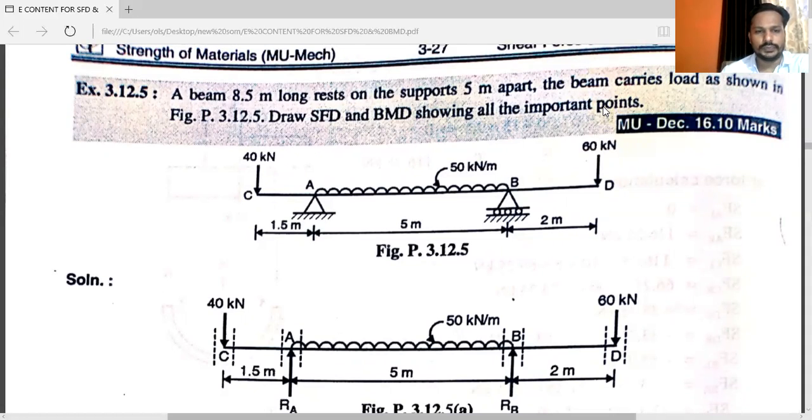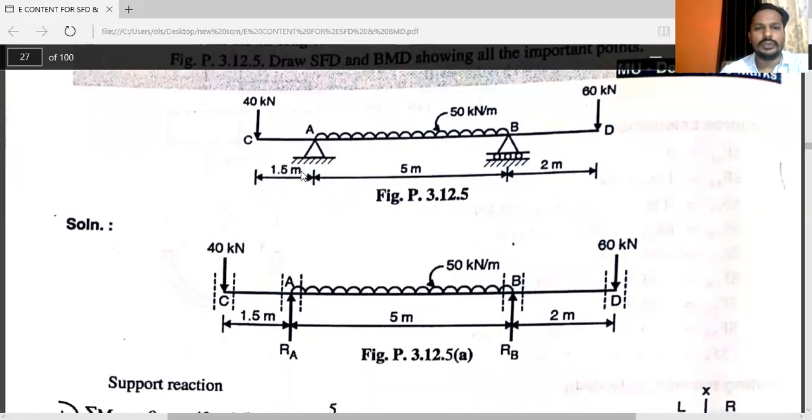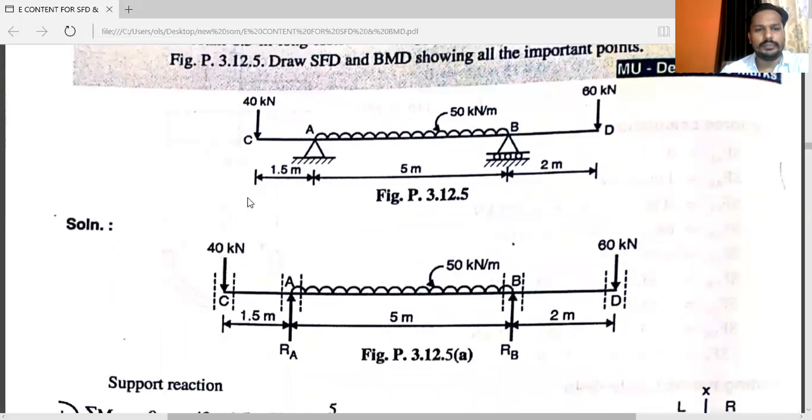See, in this diagram, first of all, you have to draw the free body diagram. At point C, vertical load is given, that is 40 kilonewton. At point A, there will be two reactions, one horizontal, one vertical.